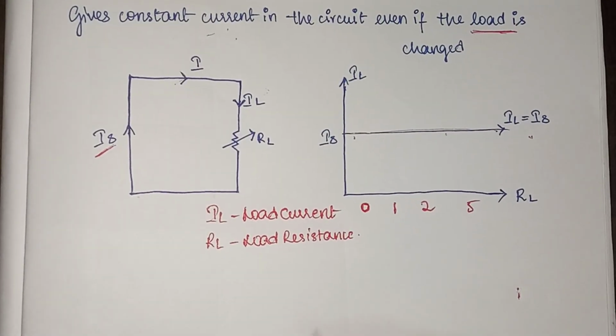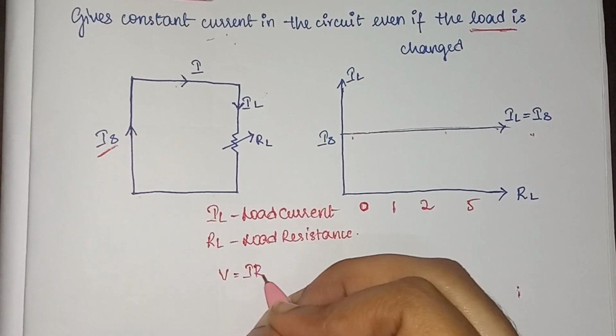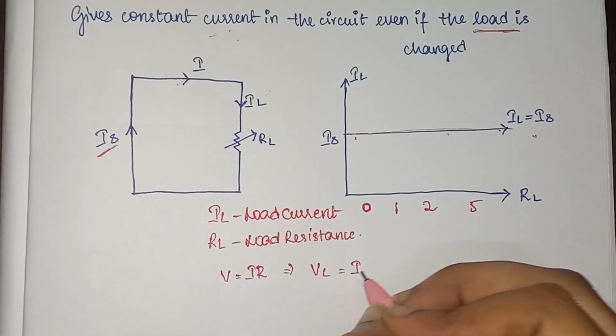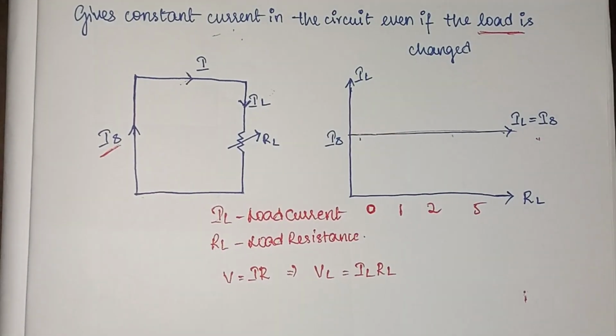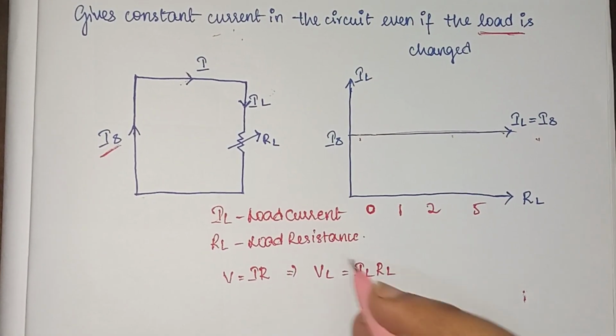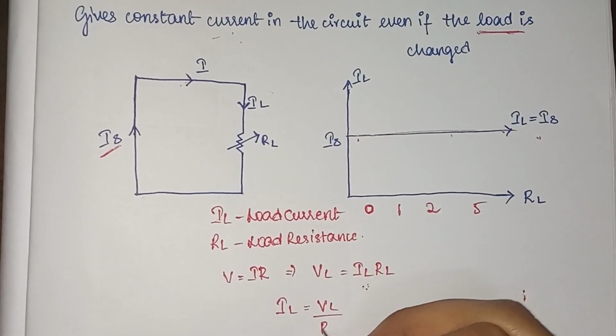So according to Ohm's law, we know that V is equal to IR, which means load VL is equal to IL into RL. Now, to get this IL, IL is equal to VL by RL.